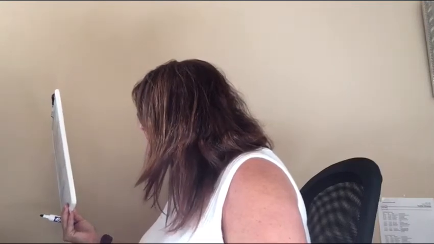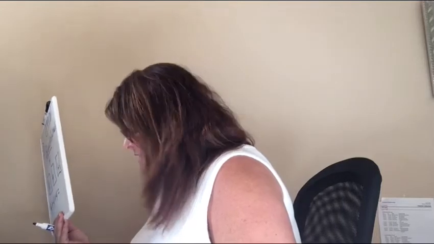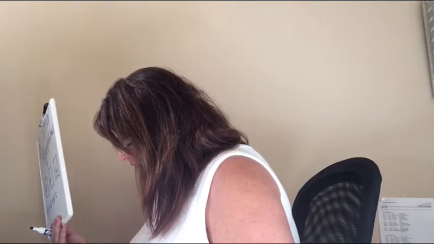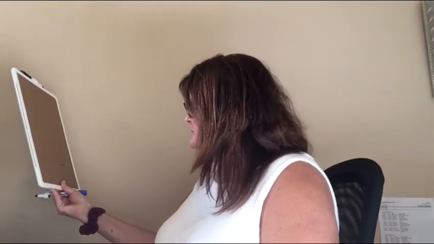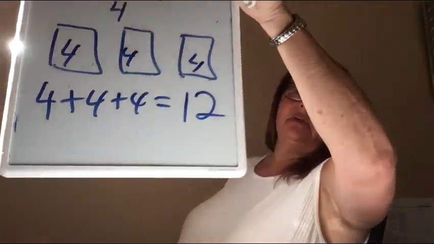Rebecca? Emily? Hi. Are you doing the math homework with us? Yeah. All right, what's the answer? 12. What's the answer to number 5? 4 plus 4 plus 4 equals how many sides? 12 sides. 12.